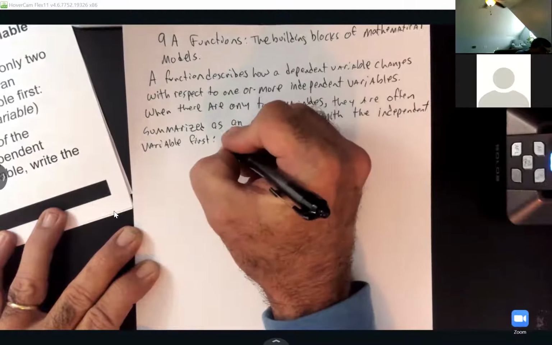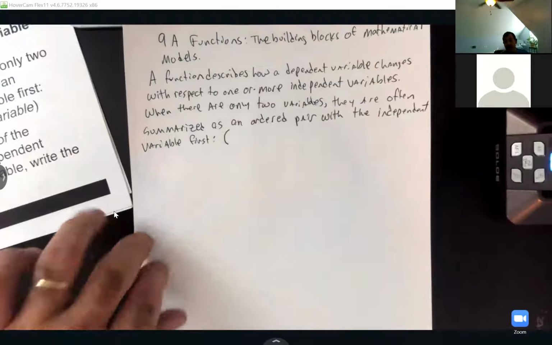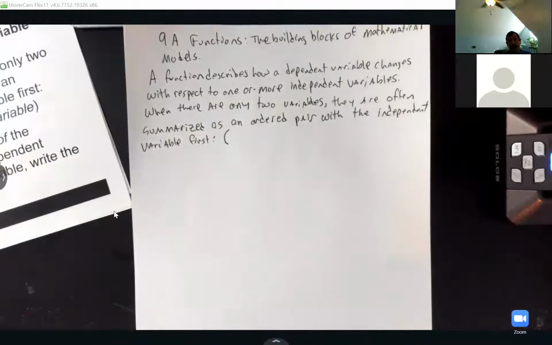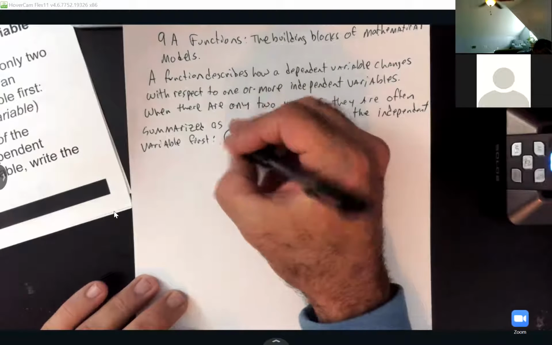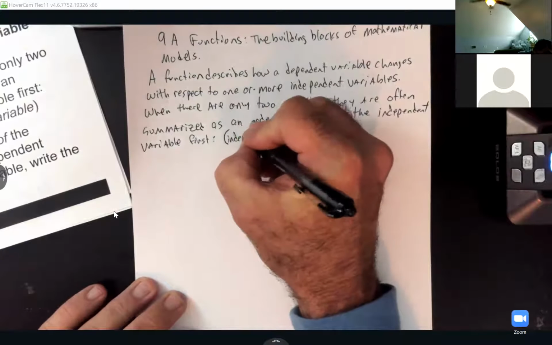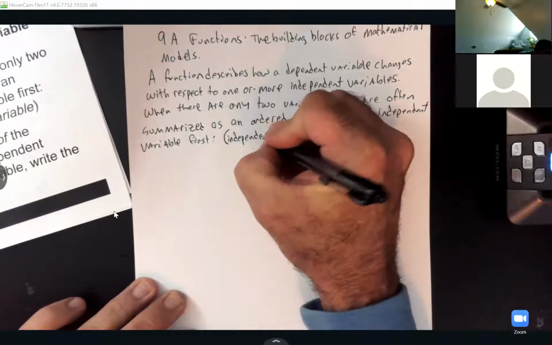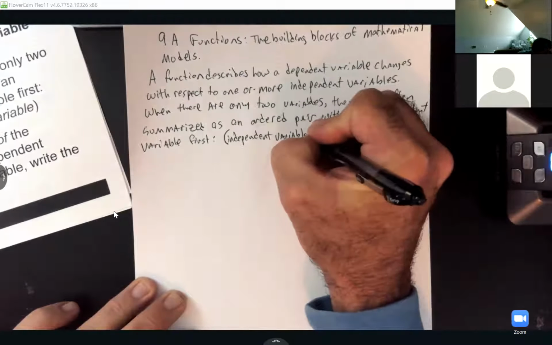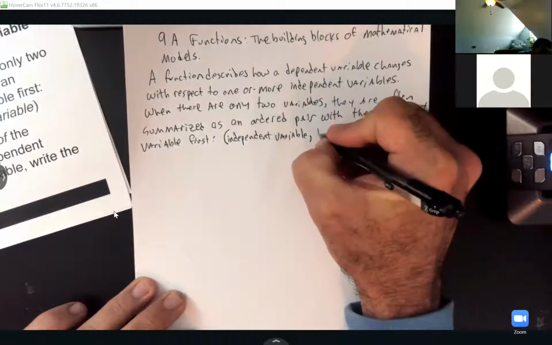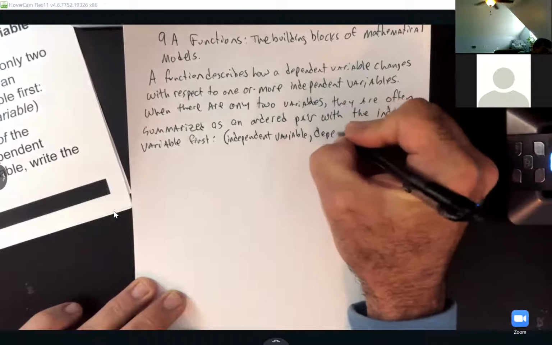So ordered pair, if you remember those in parentheses, back when y'all was doing this in math, you probably had an X and a Y. So here we actually call the X the independent variable. And then there's a comma, and then Y is what we call the dependent variable.